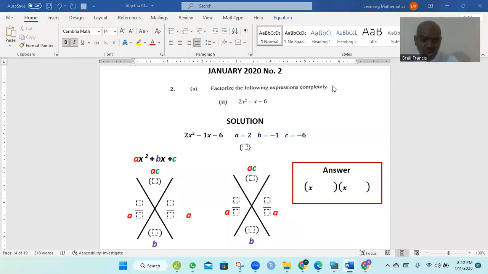Now, the next step now is to find what is A times C. In this case, A times C is 2 times -6. 2 times -6 is -12. You can actually prove that in your calculator.